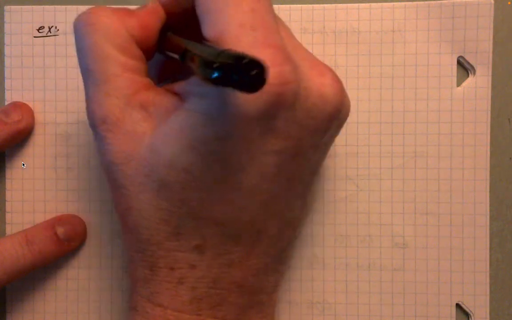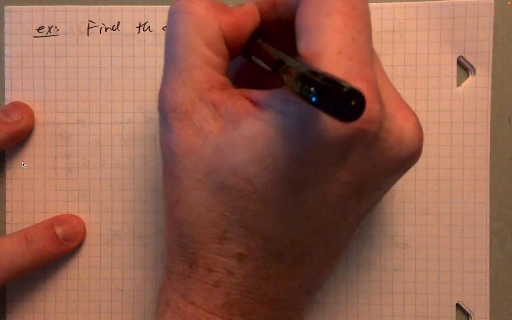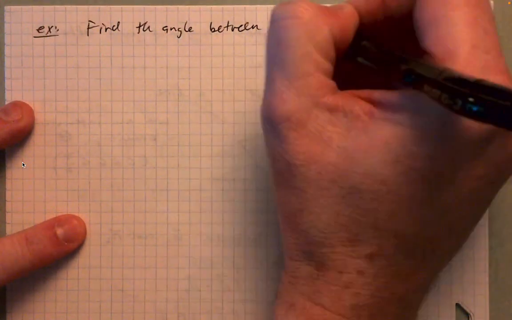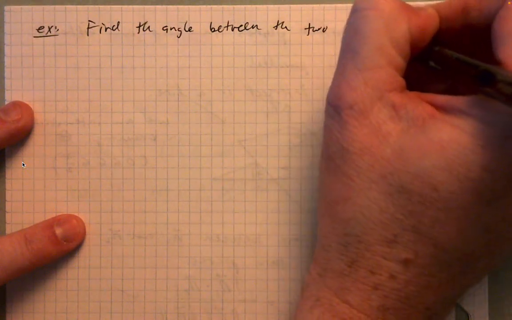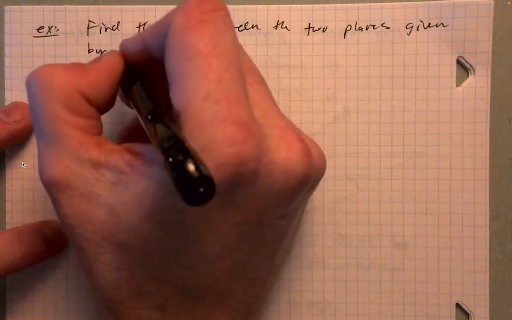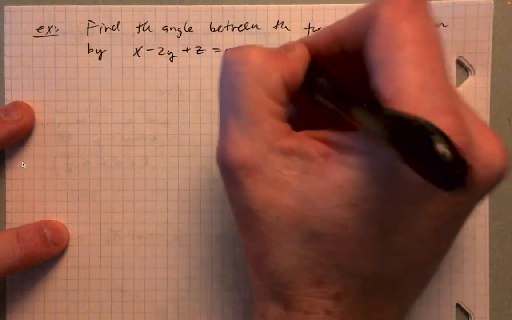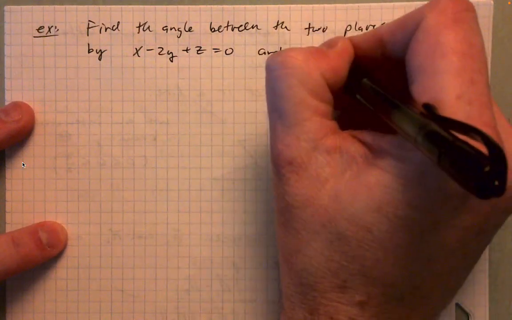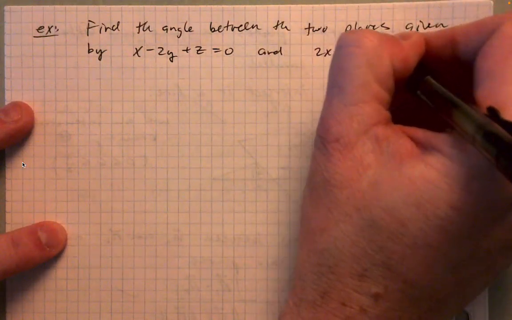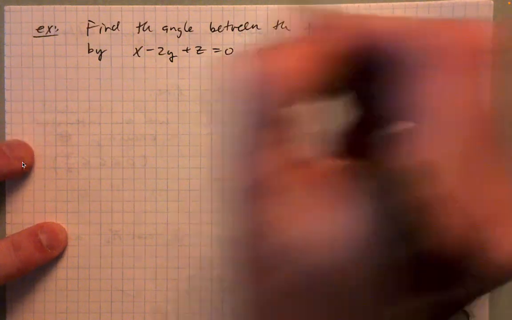Okay, so in this example, we want to find the angle between the two planes given by x minus 2y plus z equals 0 and 2x plus 3y minus 2z equals 0.